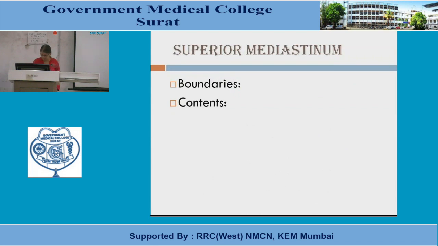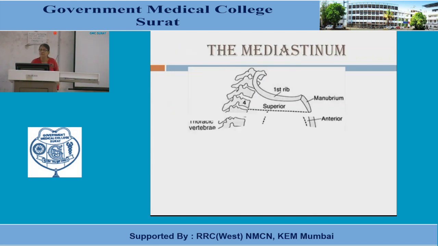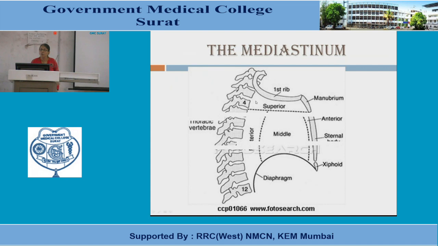What are its boundaries? We can see the boundaries of the superior mediastinum in this diagram. Anteriorly, the superior mediastinum is bounded by the posterior surface of the manubrium. And posteriorly, what is the boundary? Up to the anterior surface of the upper four thoracic vertebrae with the intervertebral discs. This is the posterior boundary of the superior mediastinum.